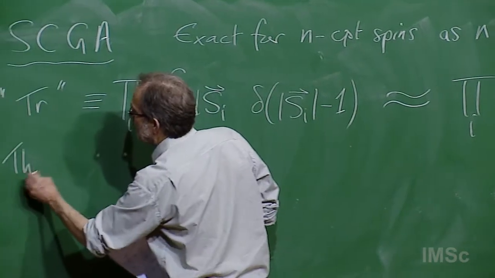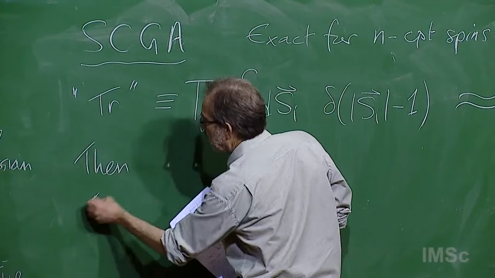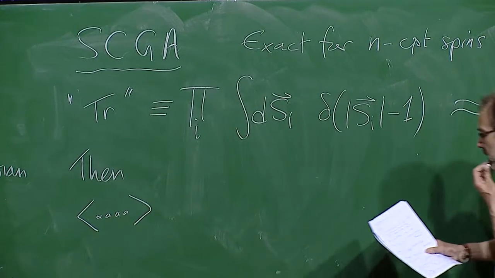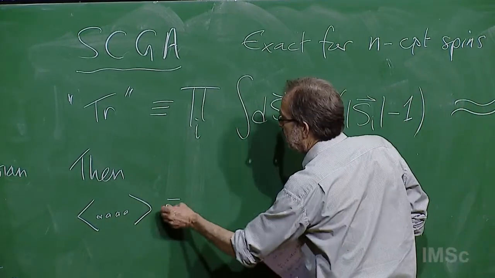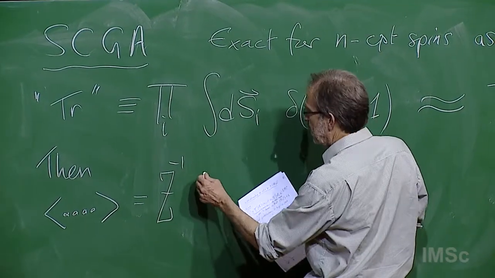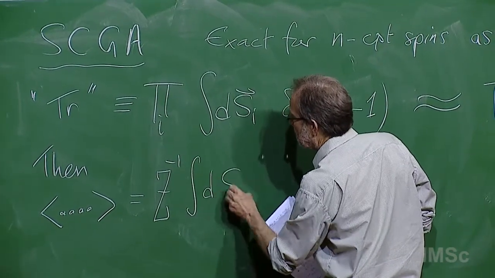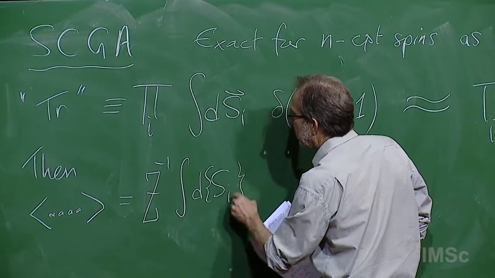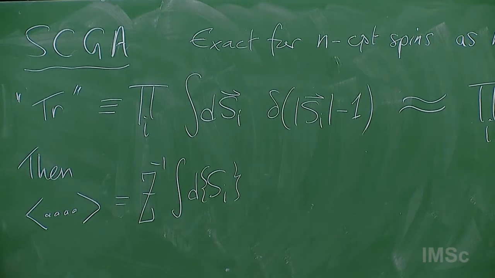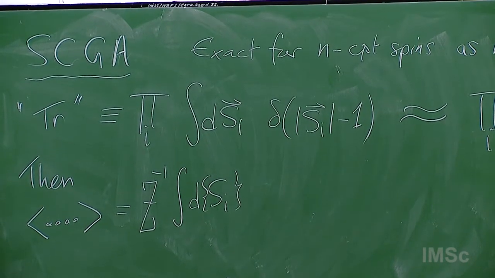So if we make this approximation, then if we calculate some average within that approximation, we've got the usual normalization, and we've got integrals over the spin lengths, and now the components really don't play any role, so I'll stop writing component labels.